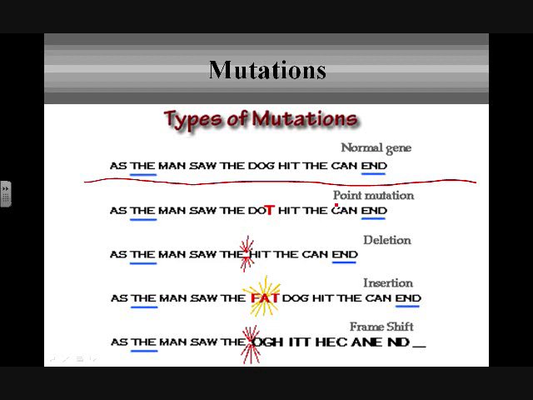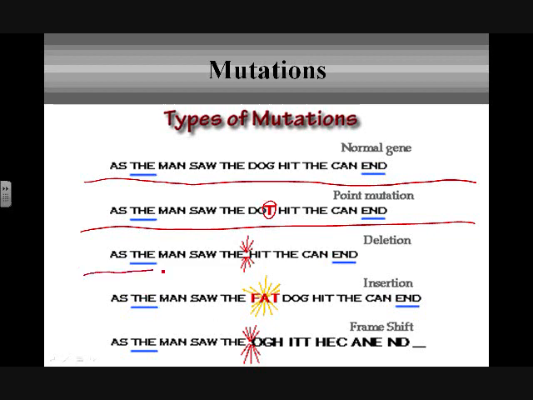But a point mutation would be if one single mistake existed. For example, the G became a T instead. If that little point mutation occurs, well then that means that this triplet in DNA is going to be coding for probably an incorrect amino acid maybe, and if it's an incorrect amino acid, maybe that's going to have an effect. So instead it's: as the man saw the dot hit the can end.